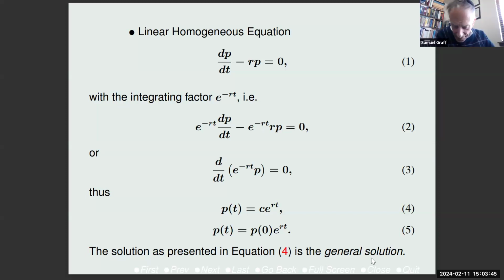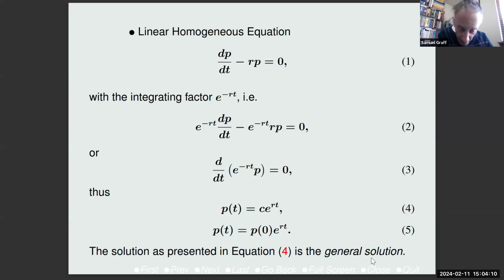Number one, it's kind of obvious that the derivative of the population is equal to a multiple of the population. And most students, if you ask them, is there any function you know of that upon differentiation replicates itself up to a constant multiple? And they'll tell you right away it's the exponential function.